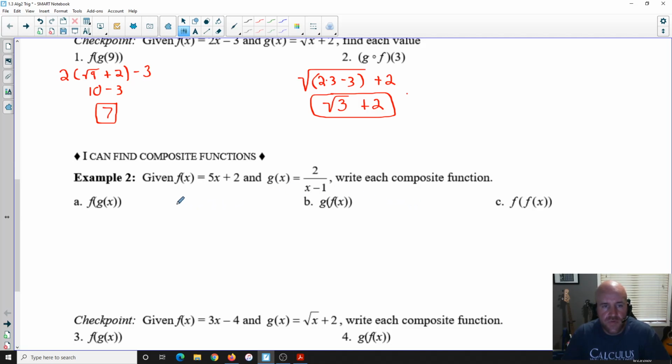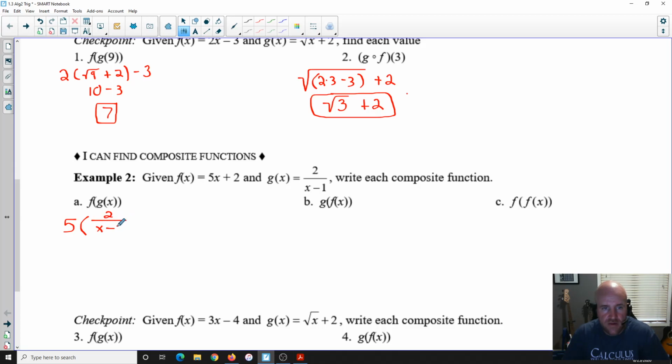So now example 2, we're given f and we're given g, and then we are asked to do f of g. So g, this entire function goes inside of this x. So 5 times 2 all over x minus 1.